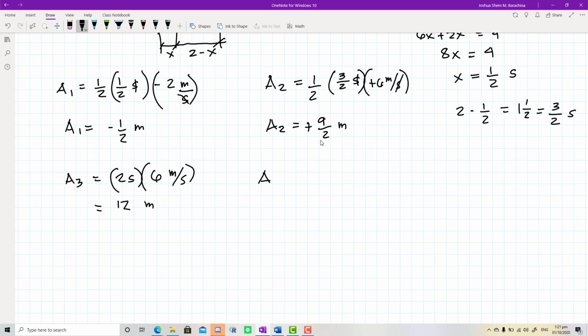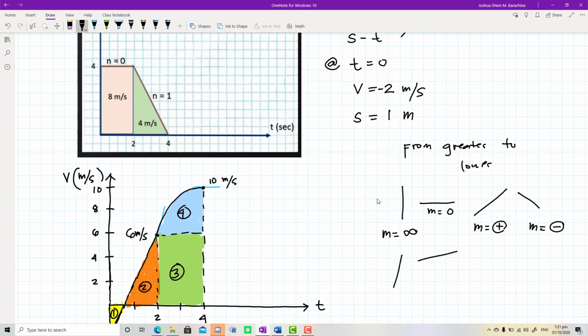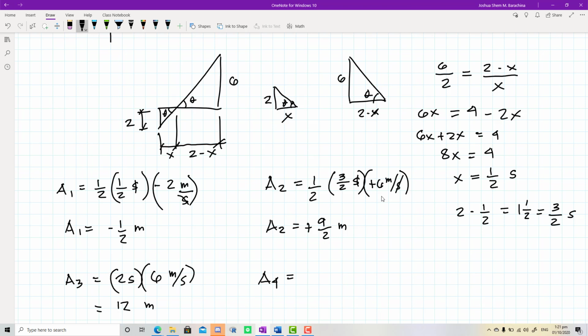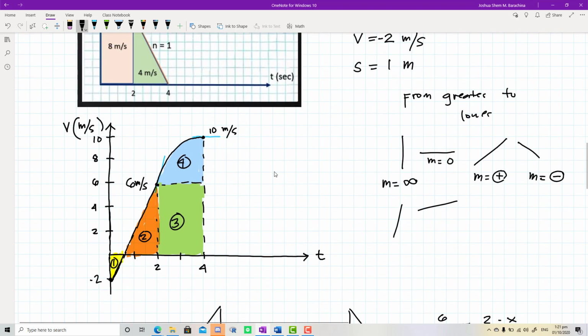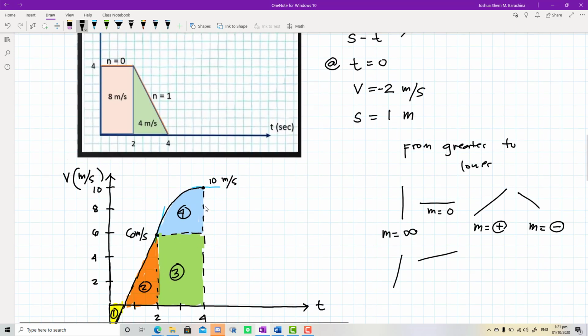Area sub 4 is now equal to a segment of a parabola. And that is just 2/3 of base times height. 2/3 of base times height from your calculus.